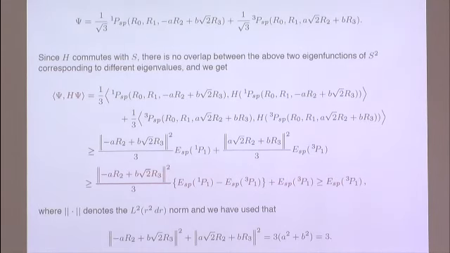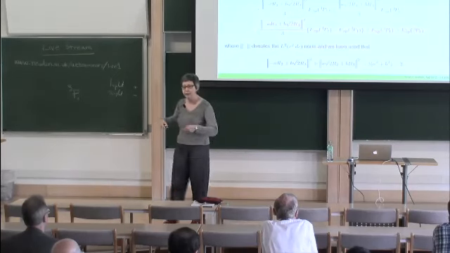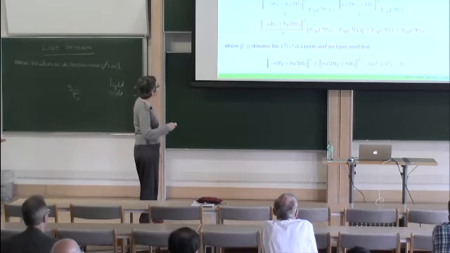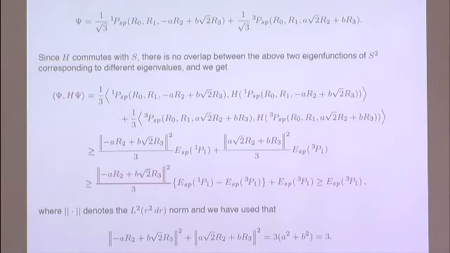And then what we do is just compute the energy of H psi psi. Okay, we compute it. We take into account the orthogonality, since you have different spin, etc., etc. I mean, you again have to do a tedious and long computation. But in the end, what you see is that the energy of such a wave function is larger than or equal to a positive constant times the difference of the energy of the singlet and the triplet, plus the energy of the triplet.